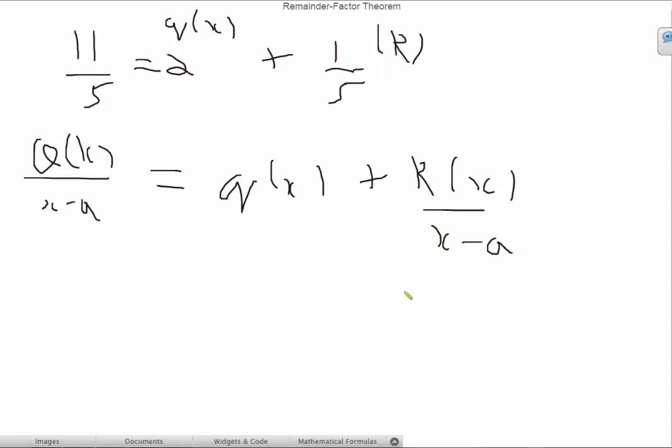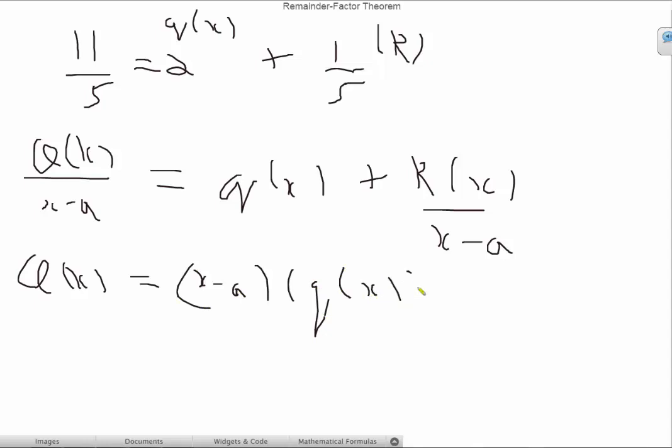And now if I multiply both sides by x minus a, we end up with q of x equals x minus a times the quotient plus the remainder.